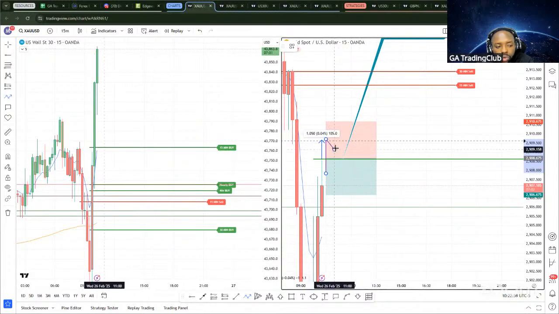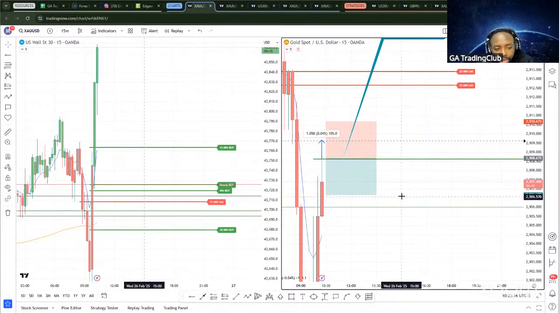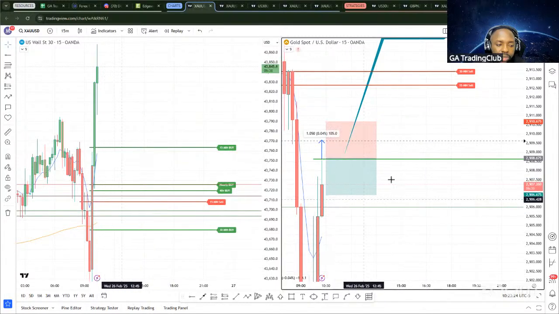So you also want to consider at what point this trigger of a dollar for gold and 10 points for US 30 is triggered. If it's triggered when the candle is less than a minute from closing, then that probably means that candle will not close below that rejection level, and that candle will more than likely close above it. In this case, if you're selling, it would close above it.